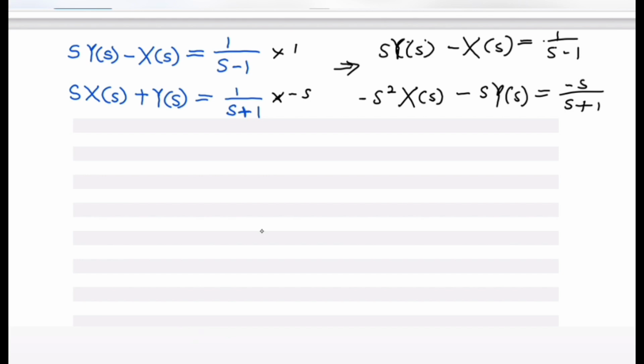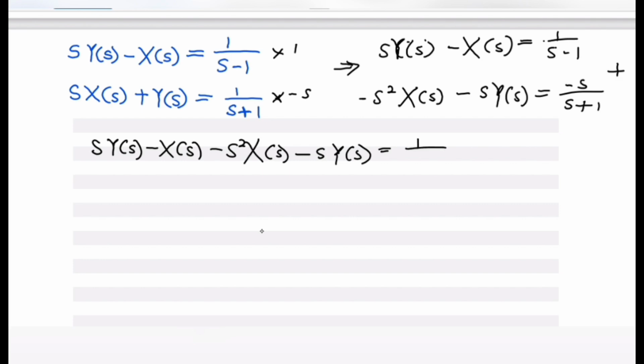So we're going to add these two equations, and if we do so, we have sY(s) minus sX(s) minus s squared X(s) minus sY(s), which equals 1 over s minus 1 minus s over s plus 1.